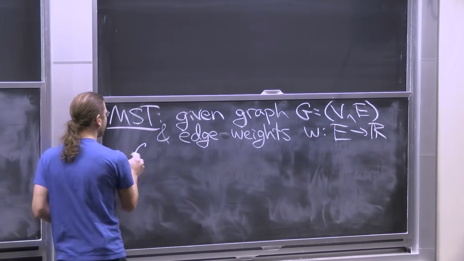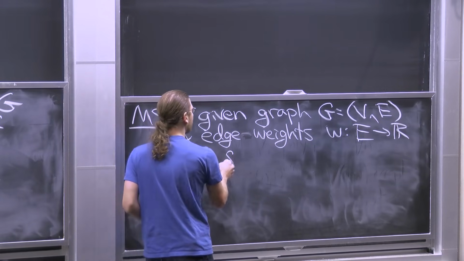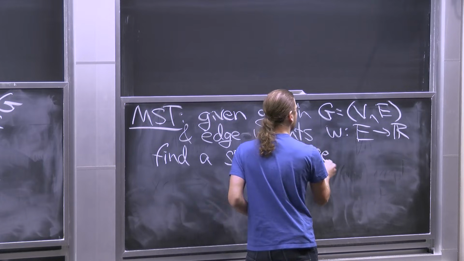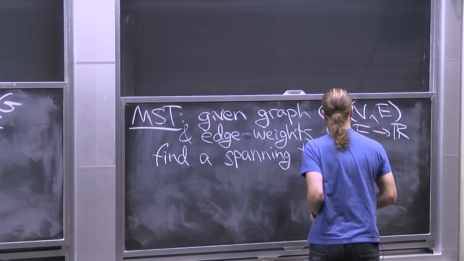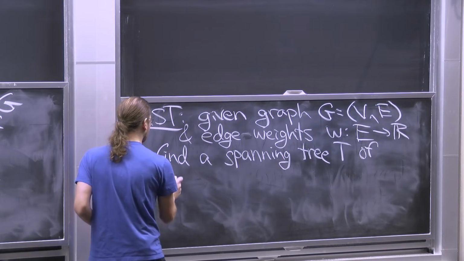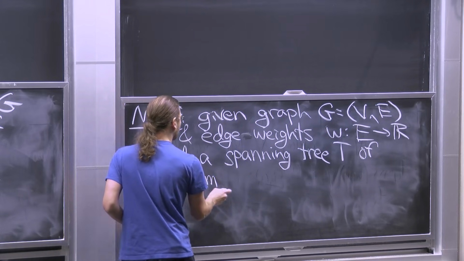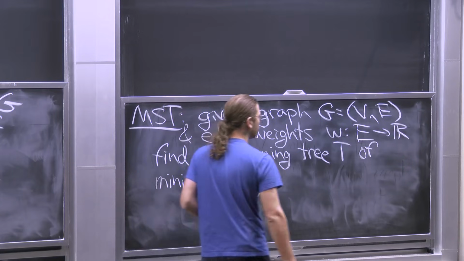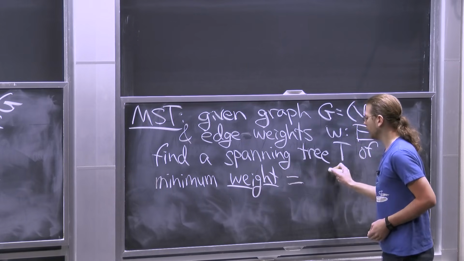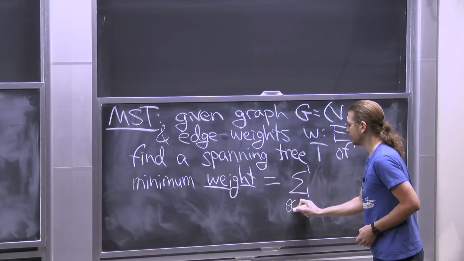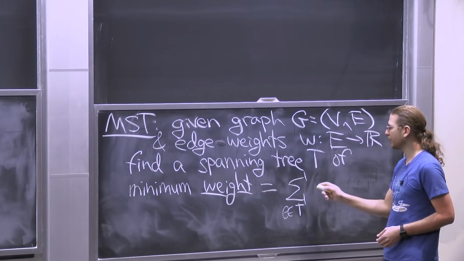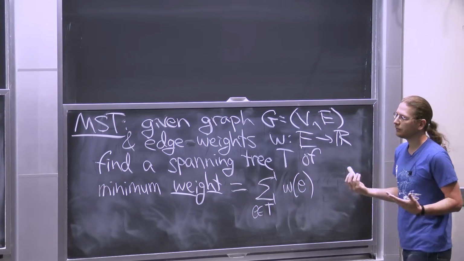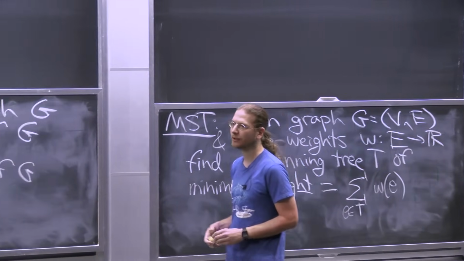And we want to find a spanning tree of minimum total weight. So I'm going to define the weight of a tree T to be the sum over all edges in T, because I'm viewing a spanning tree as a set of edges, of the weight of that edge. Okay, so pretty much what you would expect, minimum weight spanning tree.